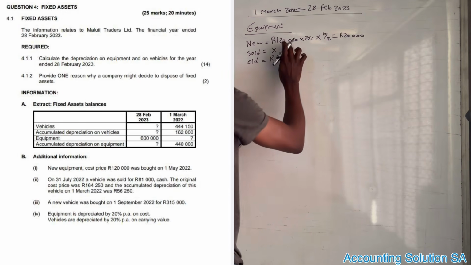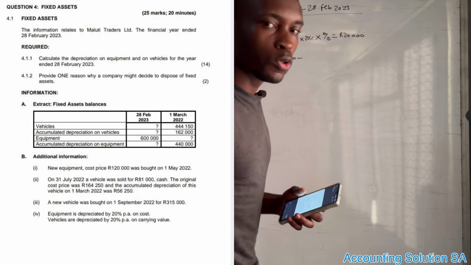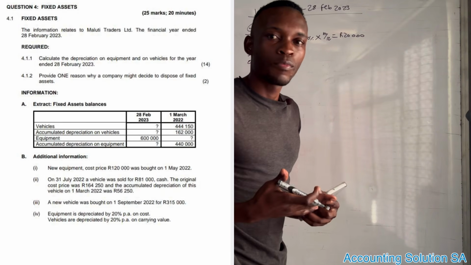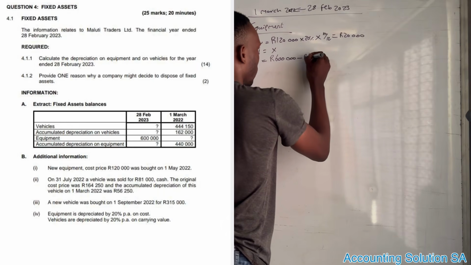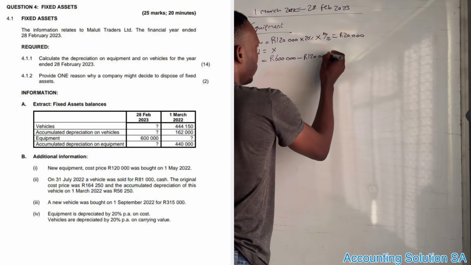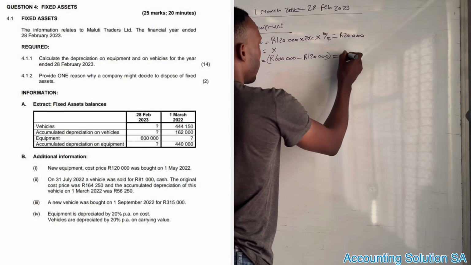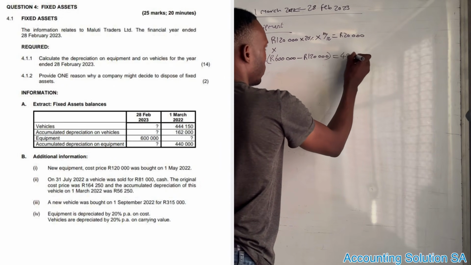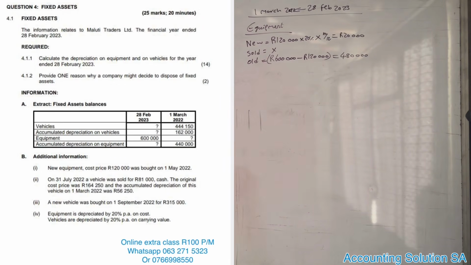We have to first subtract the one that was bought because we already calculated it. We can't calculate it again, so we must remove it. 120,000. So we're going to be left with how much? 480,000. Okay, that's the cost price that we are left with.